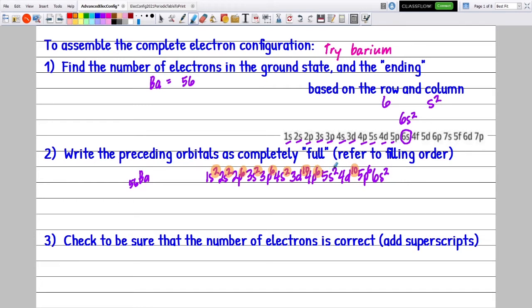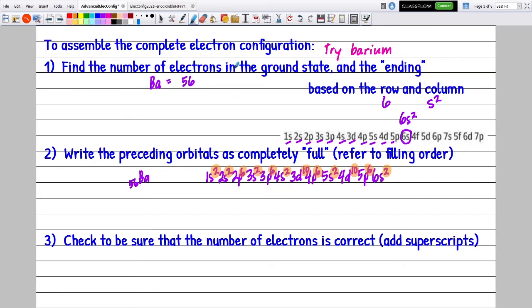Plus 6, 46. Plus 2, 48. Plus 6, 54. And 2 equals 56. And so therefore our answer is probably correct. And it is. This is the complete electron configuration of barium.